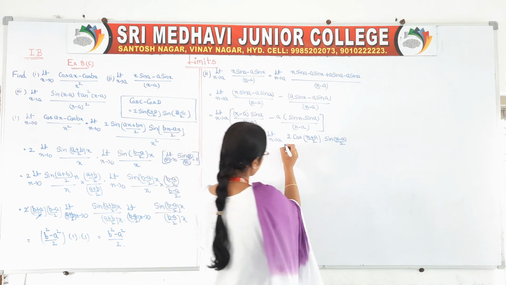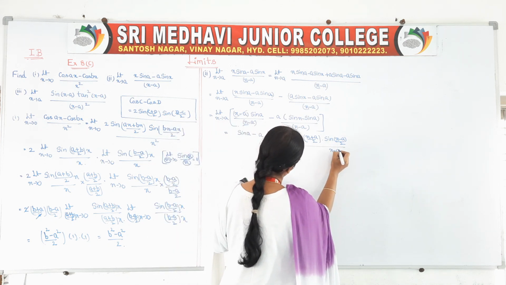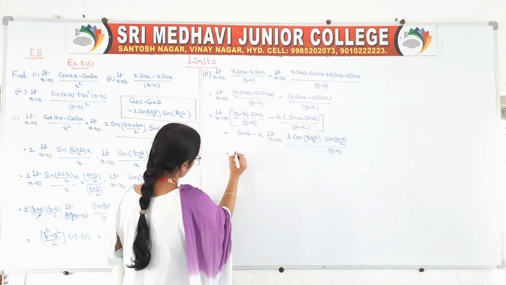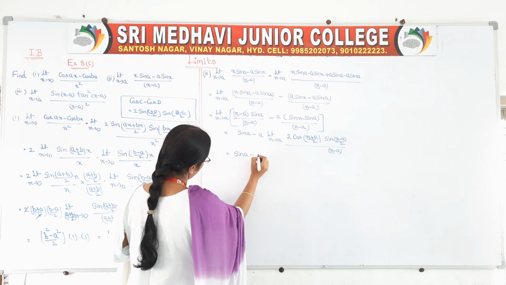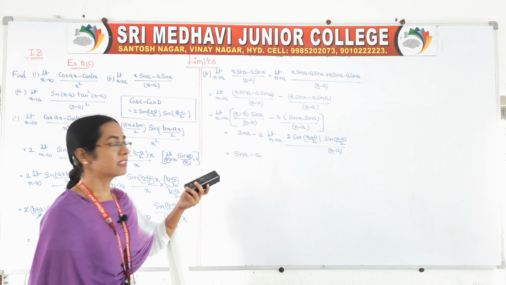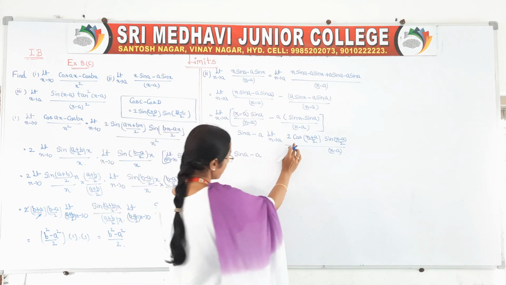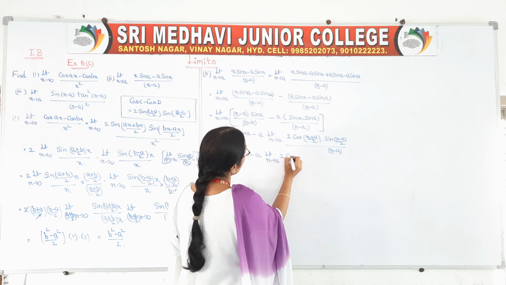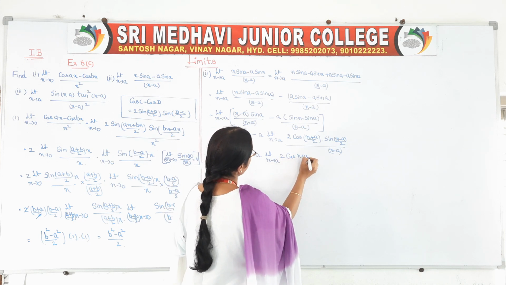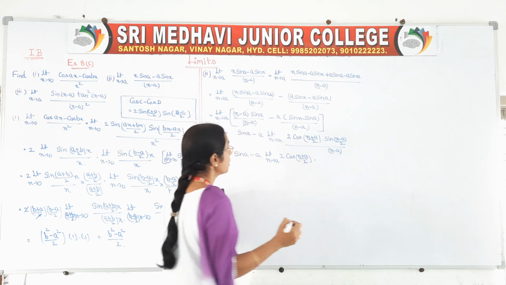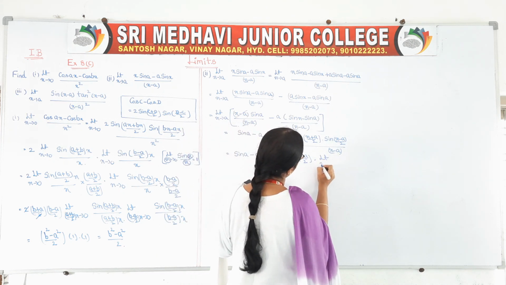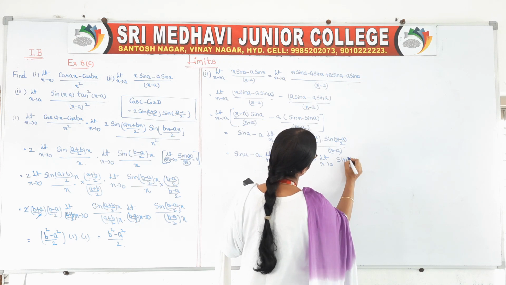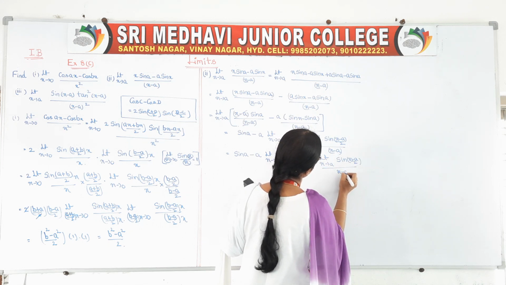So it is equal to sin a minus a. Again you try to write this as 2 terms. How can we write? Limit x tends to a, 2 cos of x plus a by 2, one term, into limit x tends to a, sin of x minus a by 2 by x minus a.